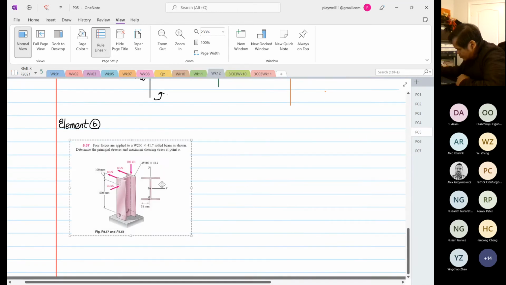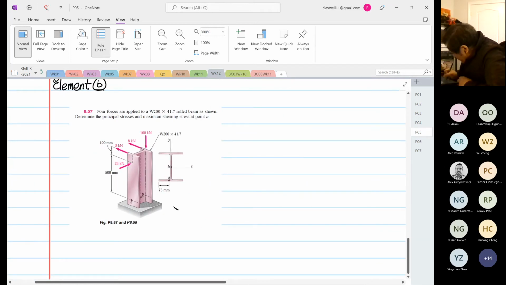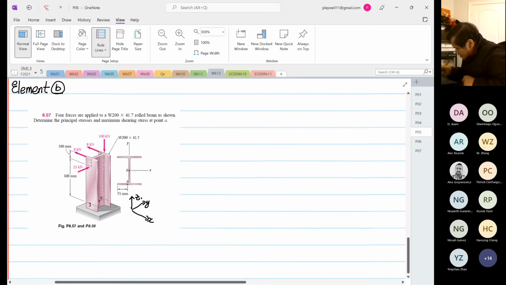Now we are going to look at element B. So we will know that this is our X, this is our Y, and this is our Z. So now we construct our element B. This is how element B looks like.